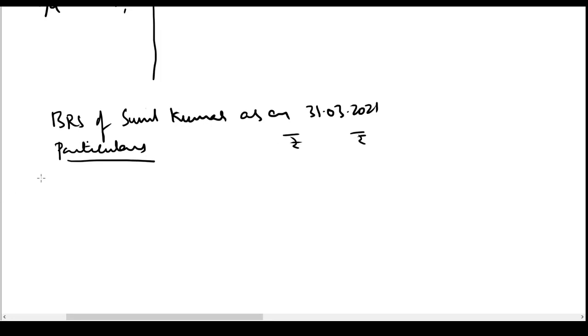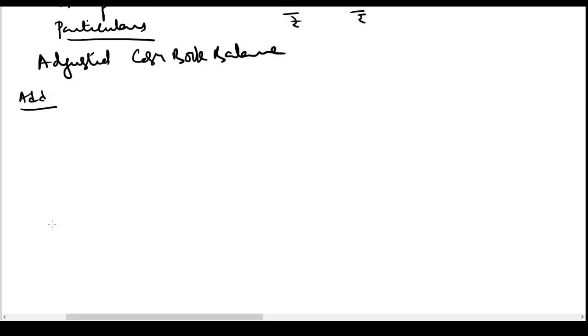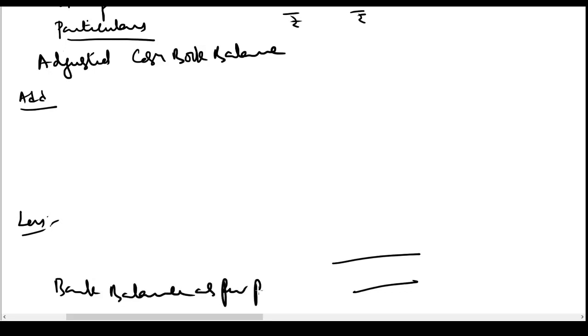Here we'll start with the adjusted cash book balance, add and less. We should arrive at the bank balance as per passbook. So this is how we are going to solve the problem.